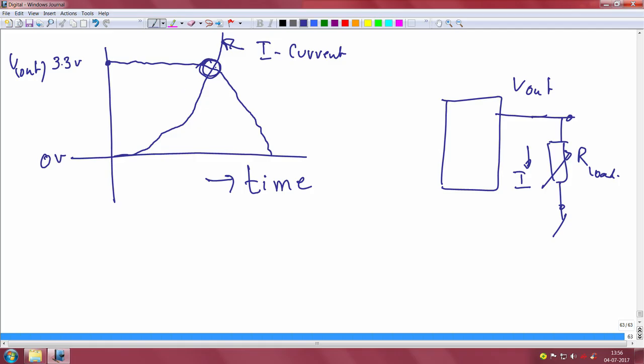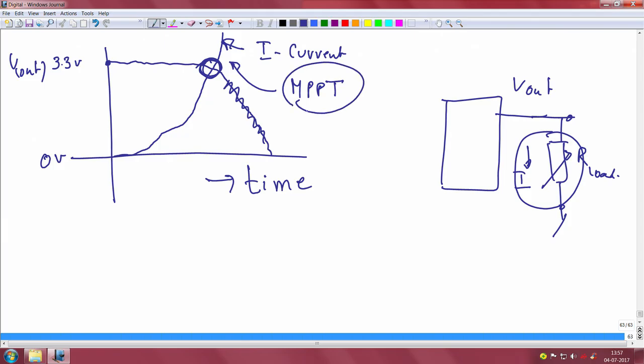Anything you do beyond this will not give you any voltage, voltage will go to 0, and anything below, you are not completely loading the system, that means you are not drawing sufficient current, which is also an issue, because loads require sufficient current and voltage, sufficient power in order to work, and that power requirement will not be met. Therefore this is that sweet spot which you have to keep worrying about, and this is indeed the maximum power point.